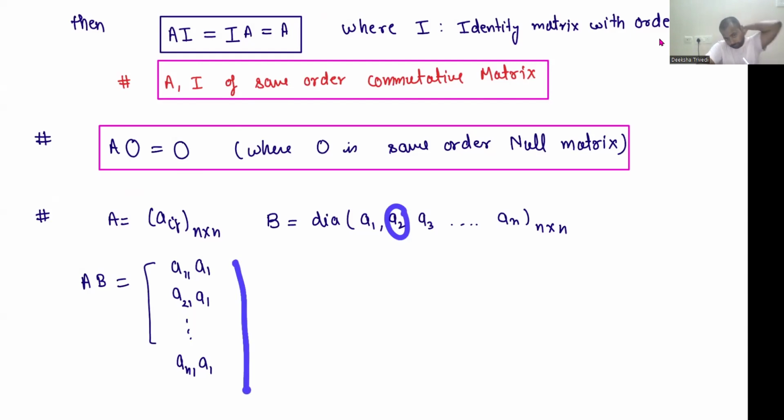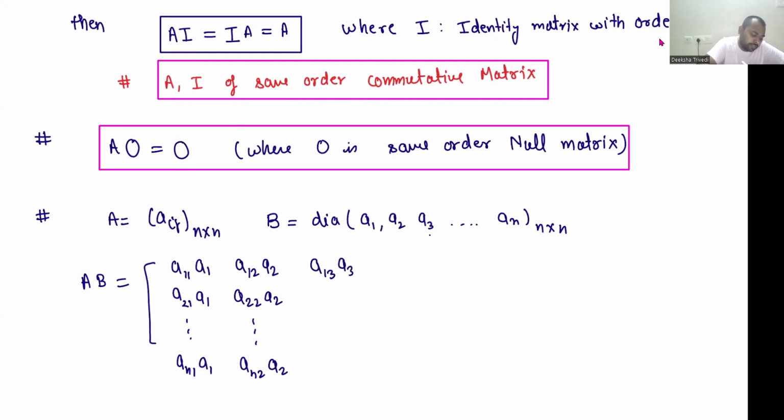Check. So we have A12 into A2, A22 into A2, and so on, An2 into A2. Similarly, the third element multiplied with the third column, so A13 into A3, A23 into A3, and so on, An3 into A3. So the last element An is multiplied with the nth column of A. So A1n into An, A2n into An, and so on, Ann into An.